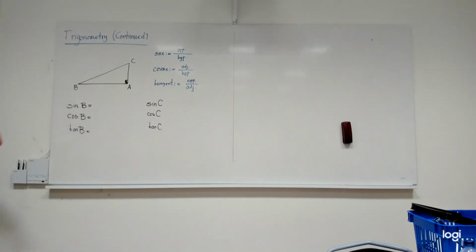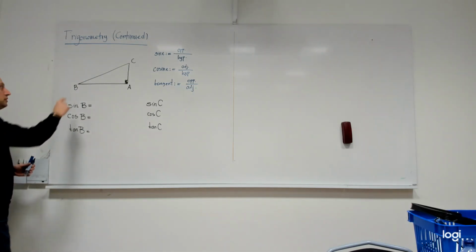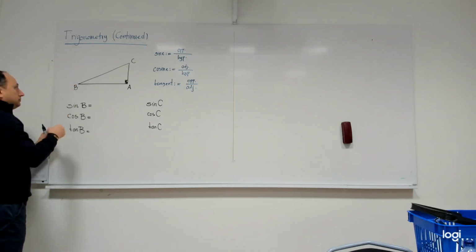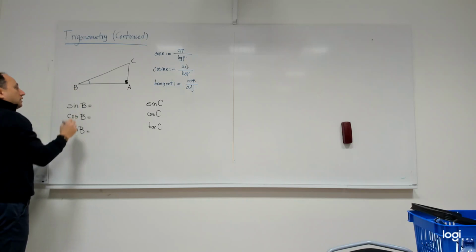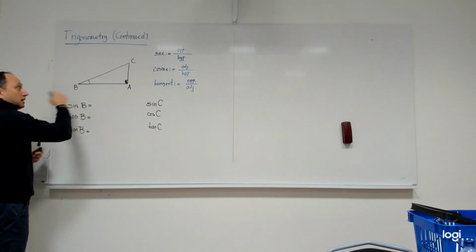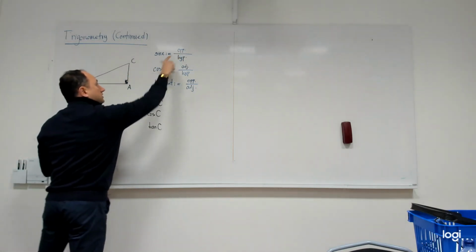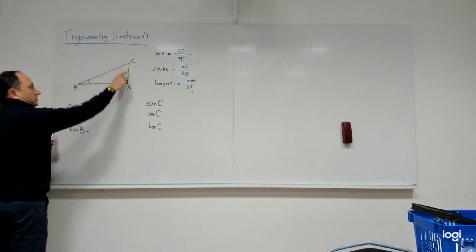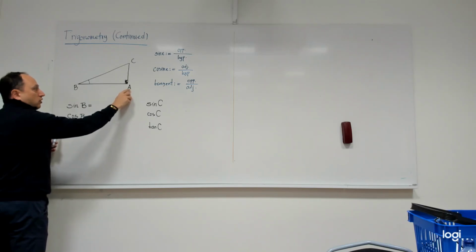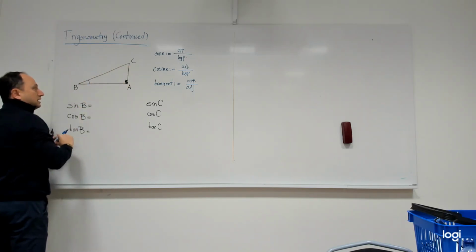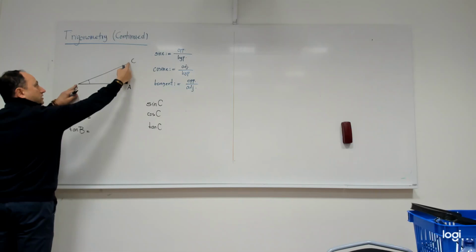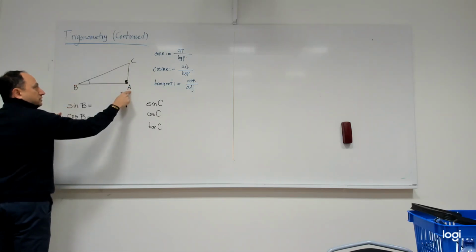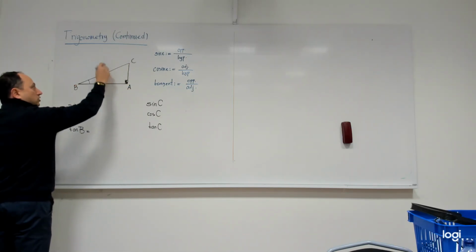Okay, for example here, what is sine of B? B is this angle. If I want to find sine B, I need to find the opposite side to that angle. And that's a convention: if I have a triangle with vertices called A, B, and C, the length of the side opposite to capital A is denoted by lowercase letter a.